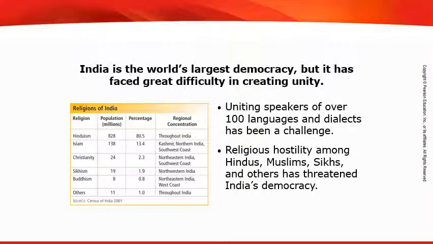India is the world's largest democracy in terms of population, but it has faced great difficulty in creating unity. India has hundreds of major languages and dialects that challenge its unity. It has a religious diversity of Hindus and Muslims. Hindus are the majority, with Muslims as the second, or you can say the biggest minority. Following Muslims, there are Sikhs, Christians, and many other small religions in Indian society.